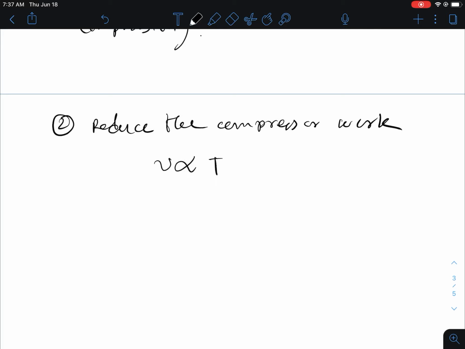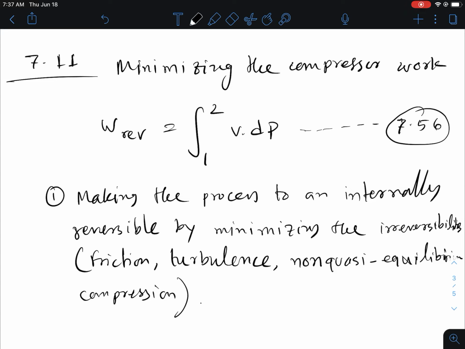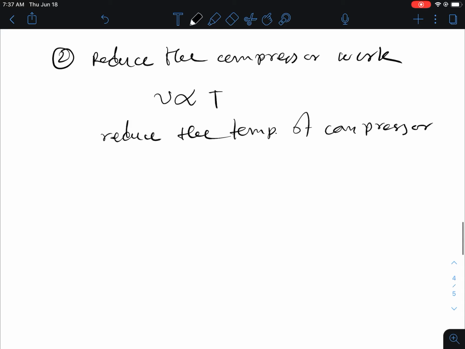That means if the temperature goes up, specific volume also tends to go up. If we can reduce the temperature of the compressor, then we can reduce the volume of that working fluid, which ultimately reduces the work. From this relationship, if the V term goes down, that means W, work, will also go down.